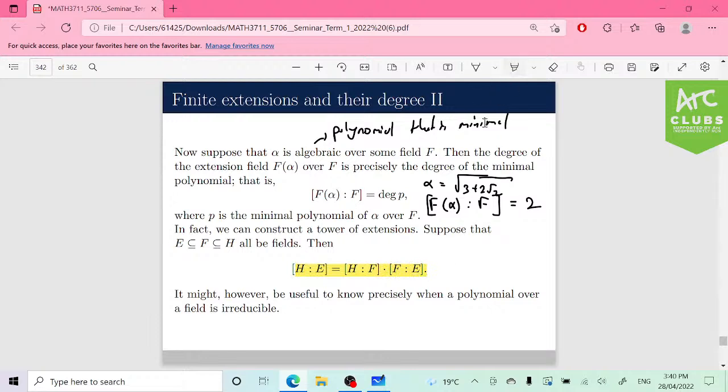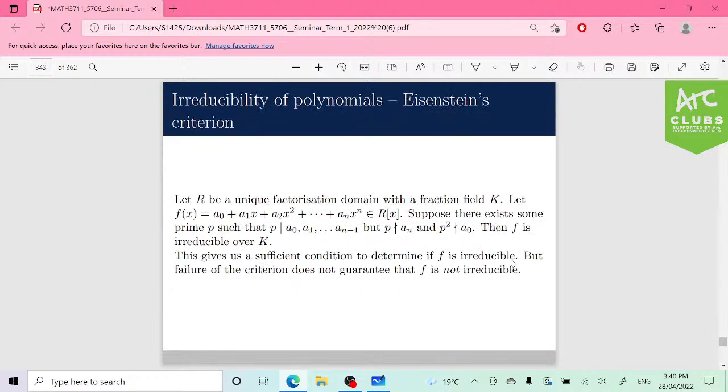Cool. So in order to find what these things are, it might be useful to know when polynomials are irreducible over a field. And this is where Eisenstein's criterion comes into play.